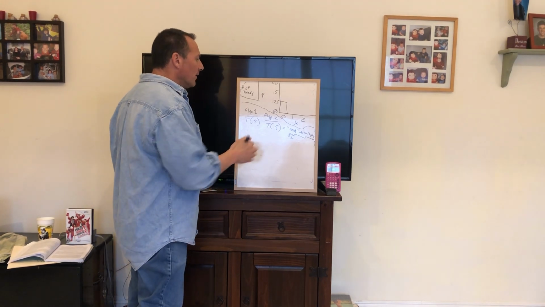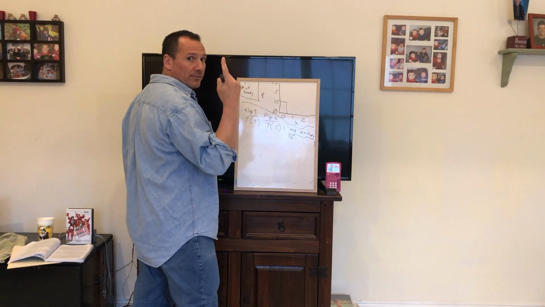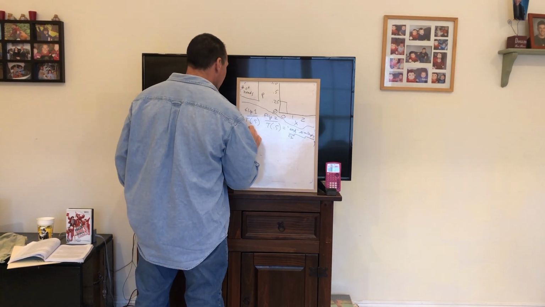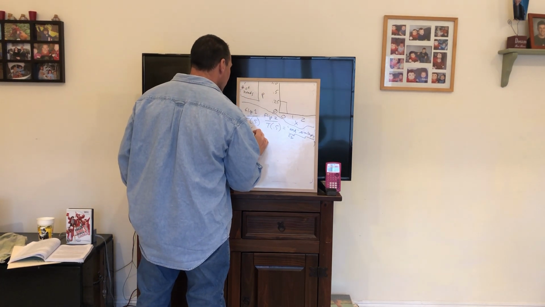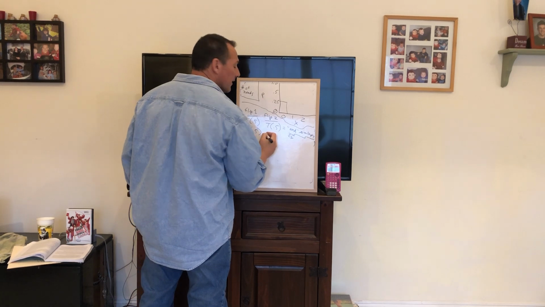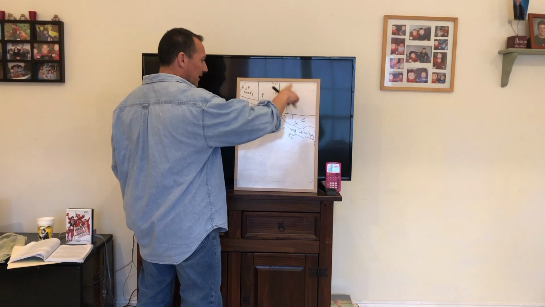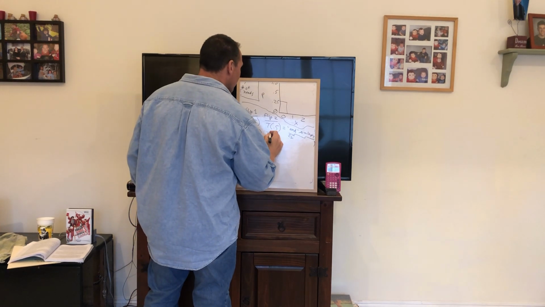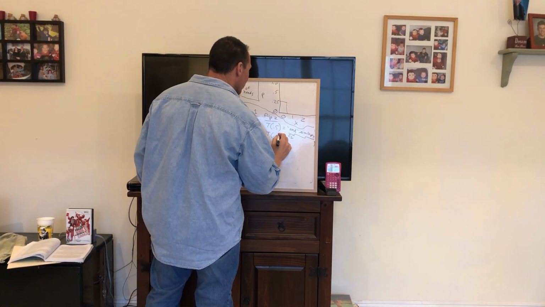Now, what about the probability of getting 1 head? I can get a head at time 1. That has a probability of 0.5. If I get a head at time 1 and I'm getting 1 head total, that means I'm getting a tail at time 2.